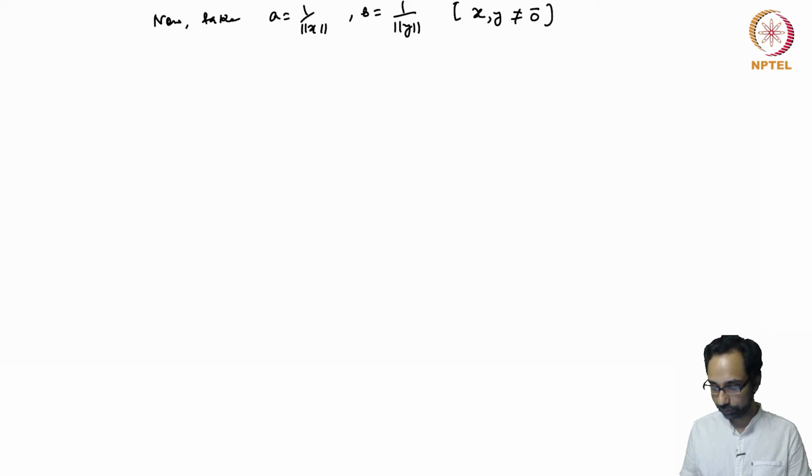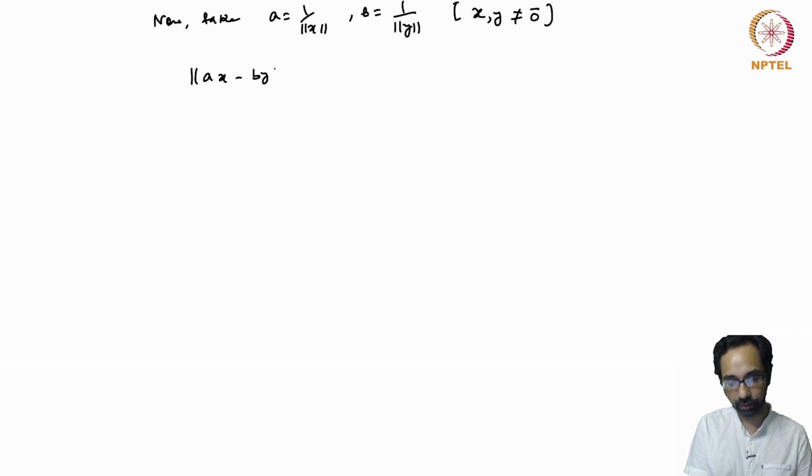But notice that if x and y are 0, then the Euclidean norms are 0, and the dot product is also 0. So the Cauchy-Schwarz inequality just says 0 is less than or equal to 0, and this is trivial. So we can assume that x and y are non-zero vectors.